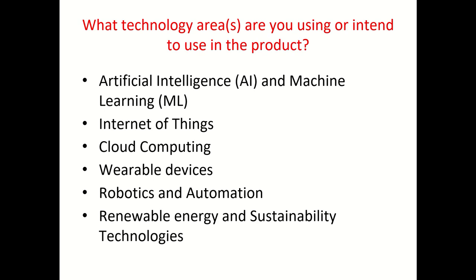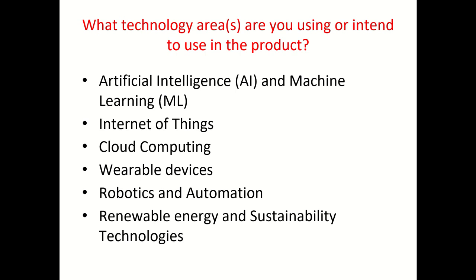What are the technologies you are using in your product? In terms of mathematics, you may be doing machine learning, deep learning, artificial intelligence, and so on. You may be using internet technologies, cloud technologies, wearable devices, robotics, renewable energy, and so on.